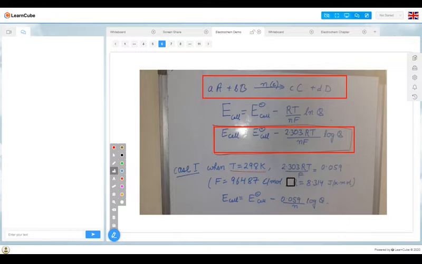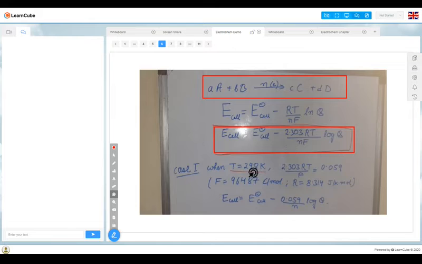Also the values of the constants. R is my gas constant, whose value is 8.314, and F is Faraday's constant, which is 96487 coulomb per mole. So this RT by F is a constant. Generally in questions the temperature given is 298 Kelvin.